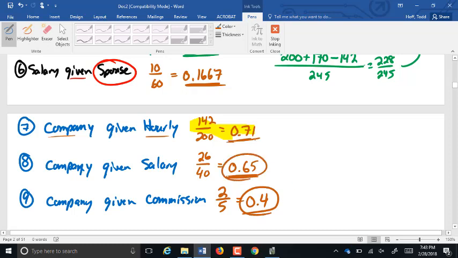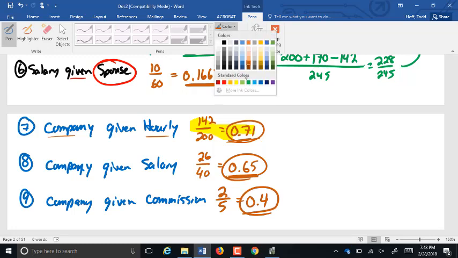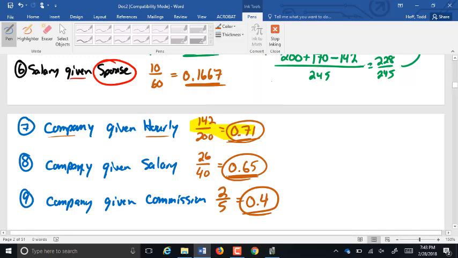So what that is telling you is it's significantly less likely that somebody on commission is going to take the company insurance plan. Why would that be important information? Well, let's say we're looking to hire another employee that's going to be on commission.